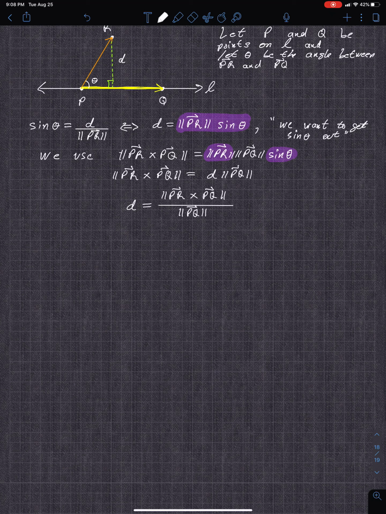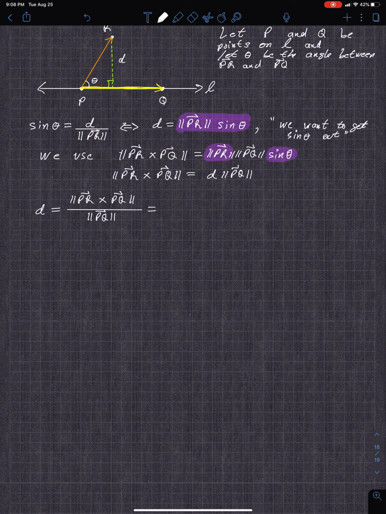So see what PQ is though? Anytime you're given a line, you can just use the direction vector. So we can just replace PQ, and you always know you're going to have the direction vector. So that's really the formula we want to use, although it's the derivation that really is what I want you to focus on, the entire derivation.